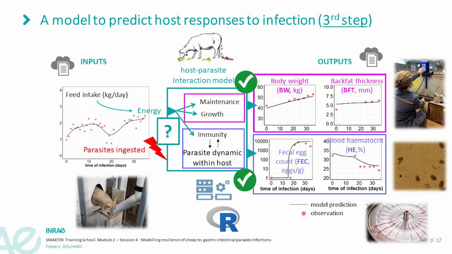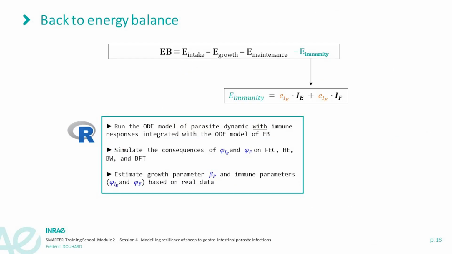The key question in this study was to draw some conclusion about the magnitude of this cost. So basically, this is equivalent to consider our energy balance equation and to add this component, the energy allocated to immunity.